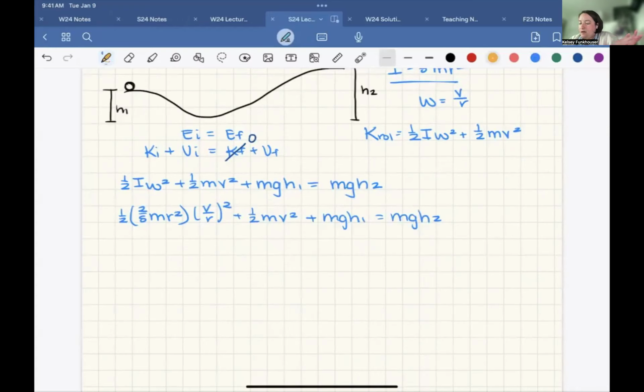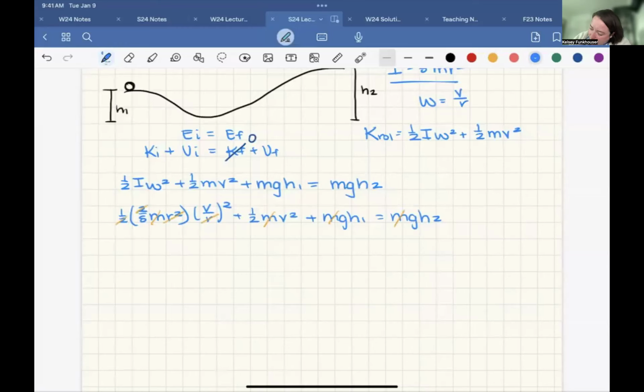So now the mass is in all of the terms now that I plugged in the rotational inertia, so we can cancel it out. Let's do that. By mass. And then I'm also going to cancel out these radii here. We have this r squared, and then we have v divided by r, whole thing squared. So that's going to cancel out. Oh, and then we have a 2 on top and a 2 on bottom there.